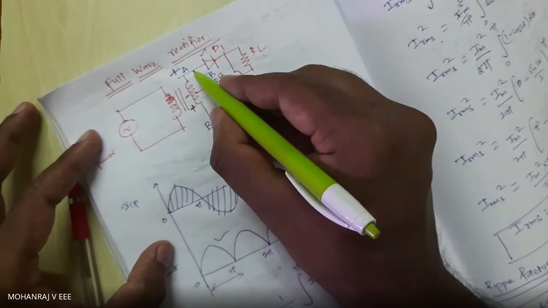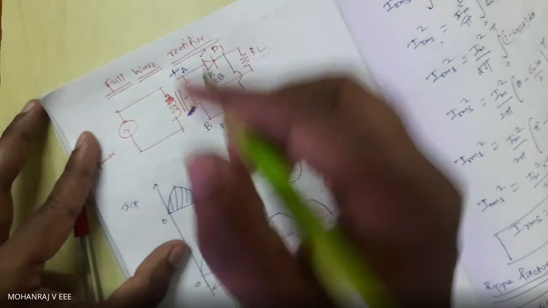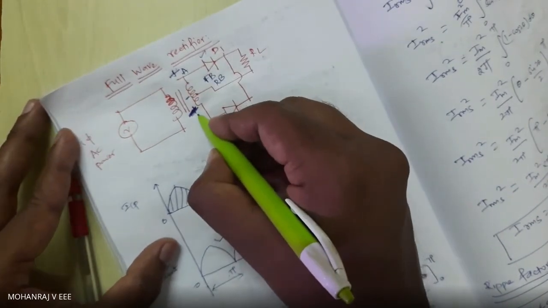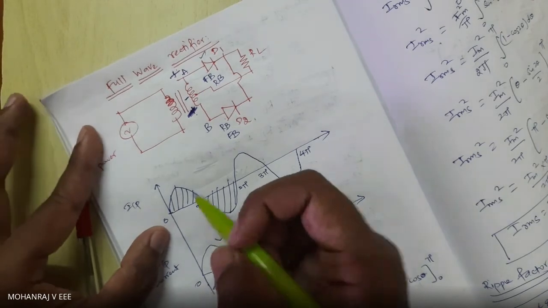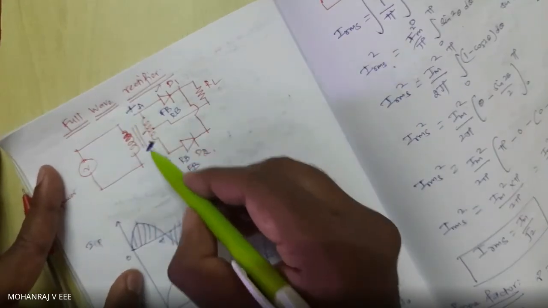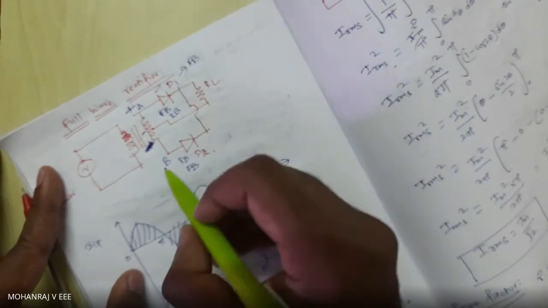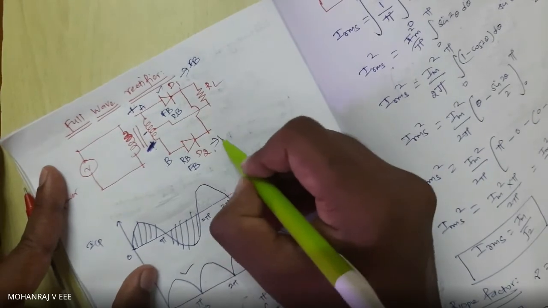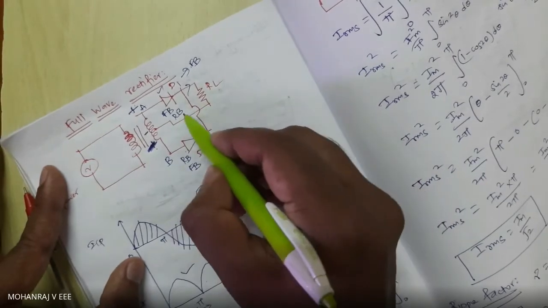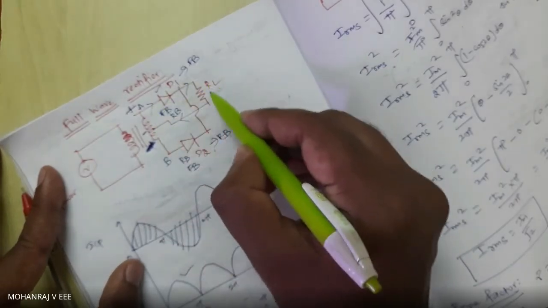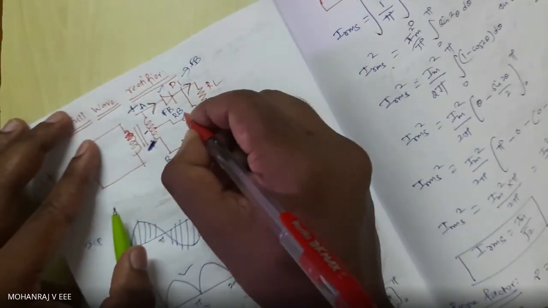A terminal will be positive and B terminal will be negative during the positive half cycle. So as A is positive, D1 is forward biased. How about my D2? D2 is reverse biased. So the current will flow in this direction. For the positive cycle, this is my current direction.